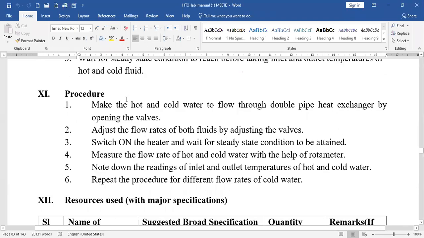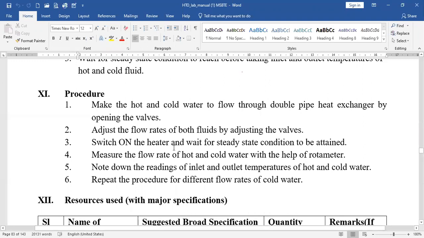Then what exactly is the procedure for conducting this practical? The first step is to make the hot and cold water flow through the double pipe heat exchanger by opening the valves. So the initial step is to maintain the water flow throughout the double pipe heat exchanger. Then adjust the flow rates of both fluids, that is cold and hot fluids, by adjusting the valves.